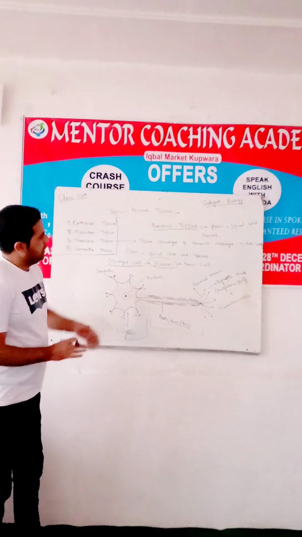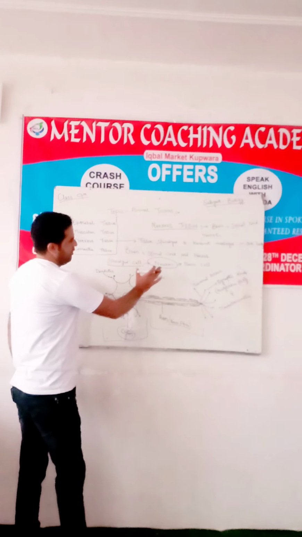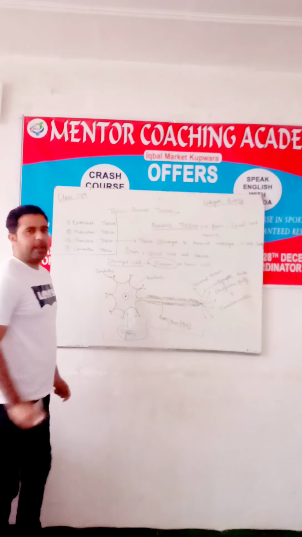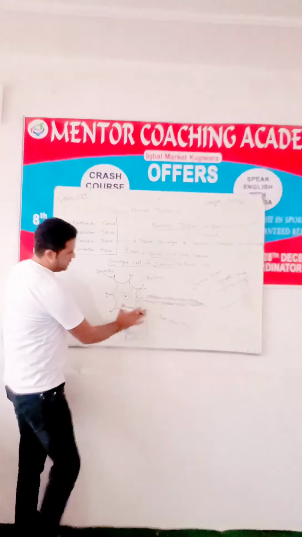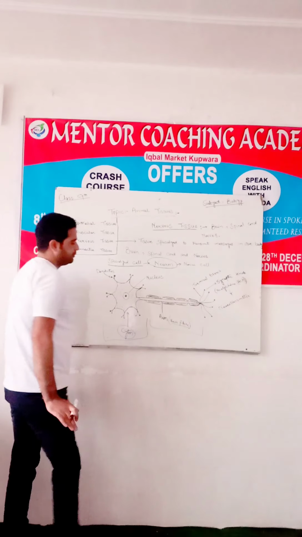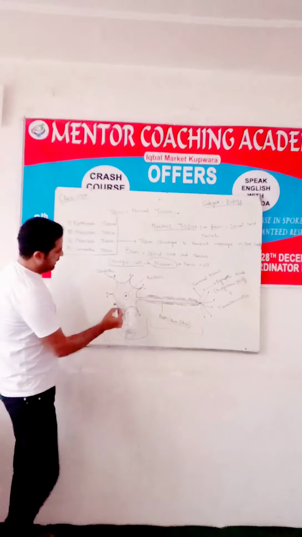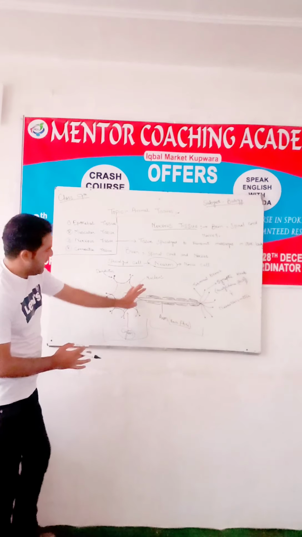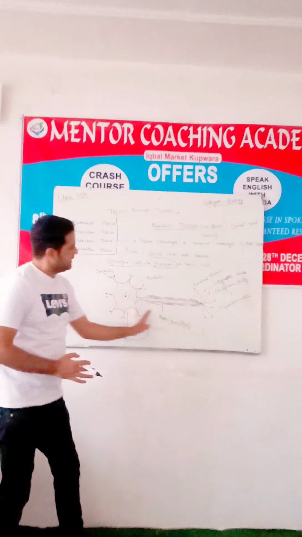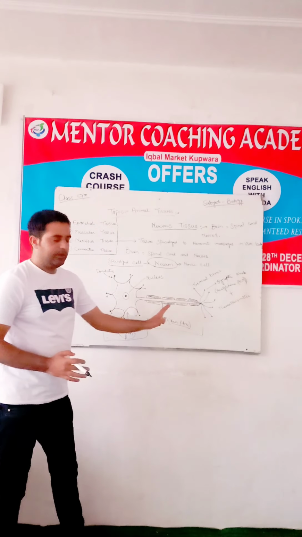Now, we will discuss what a neuron is and how it looks. This is the structure of a neuron. The neuron consists of a head, that is the main body, and a tail-like structure.